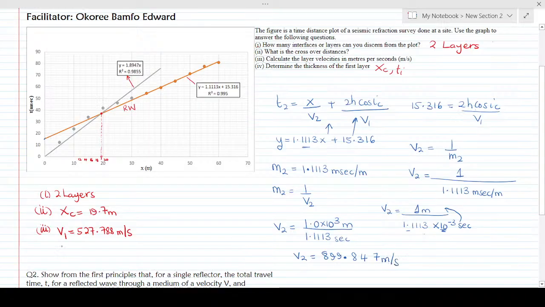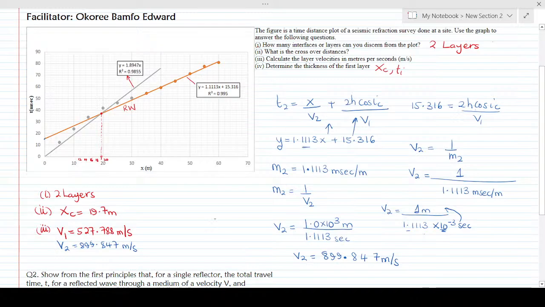So I've gotten my V2. So my V2 is also 899.847 meters per second. That is the velocity for the second layer. So we are done with this.